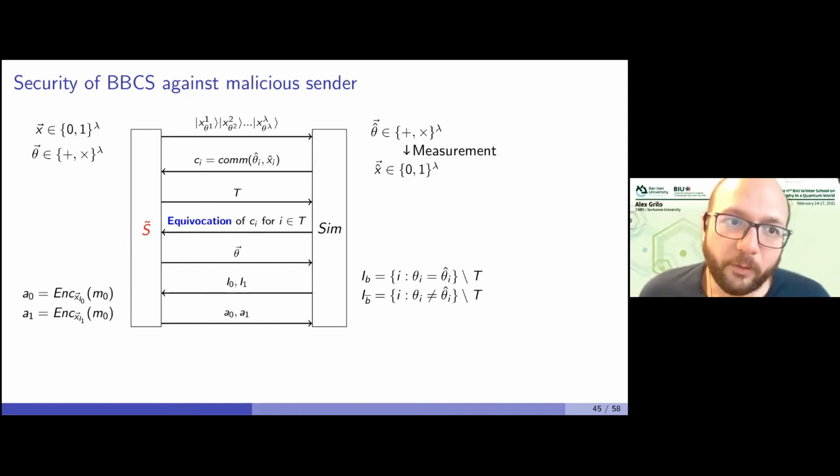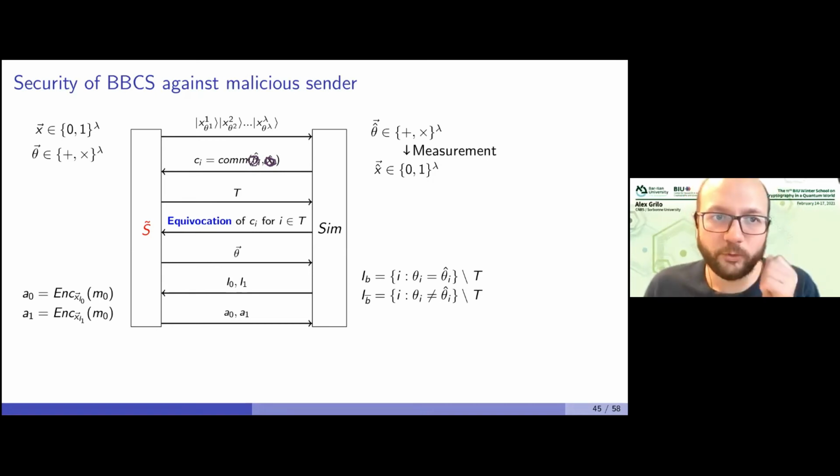Once we are able to equivocate the opening for whichever value we want, we can just do a dummy commitment here. So commit everything to 0, let's say. And this should not change anything, because from the equivocation, the malicious sender cannot see the difference.